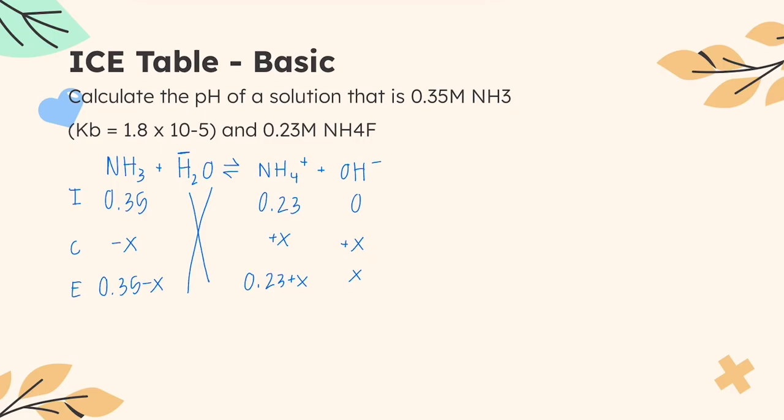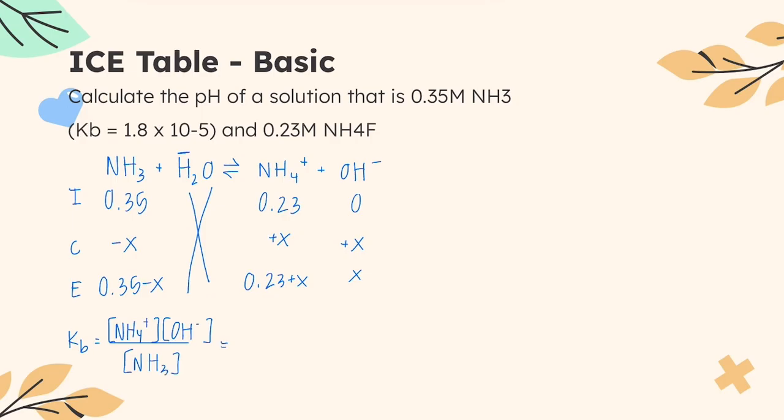So in this case, I know that my Kb equation, remember, it's our products over reactants. So NH4 plus, OH minus over NH3.